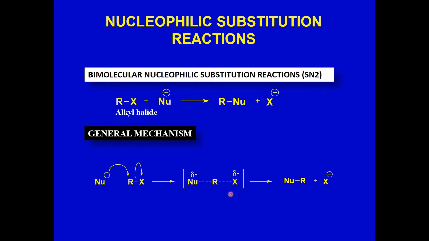This is how the transition state of this reaction looks. As soon as the bond formation between the nucleophile and the R group completes, and the bond breaking between the R group and the halogen completes, we get a molecule in which R is now attached to the nucleophile and a halide ion is released as a result.